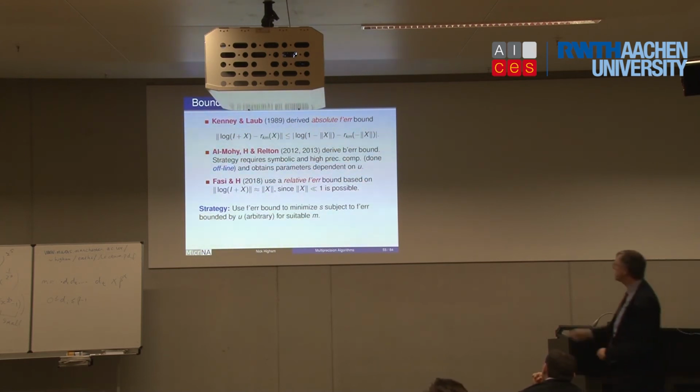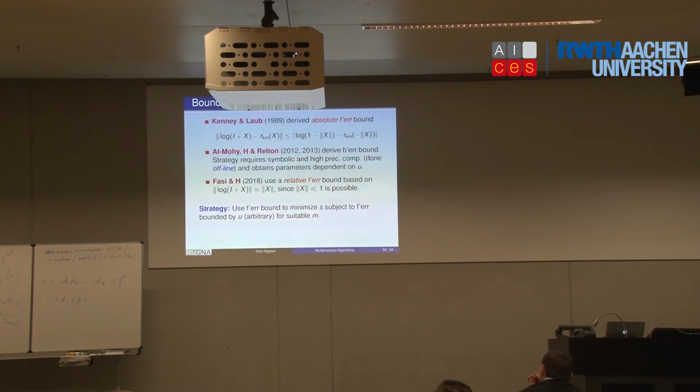Work out the norm of X, log of 1 minus norm X, and then we've got r_km evaluated at minus norm X. The left hand side is hard to estimate, the right hand side is trivial to compute. So this gives us a computable bound for the error. And so we can think of some way of using the right hand side to choose k and m so that the error is less than some tolerance. That was the idea of Kenney and Laub.